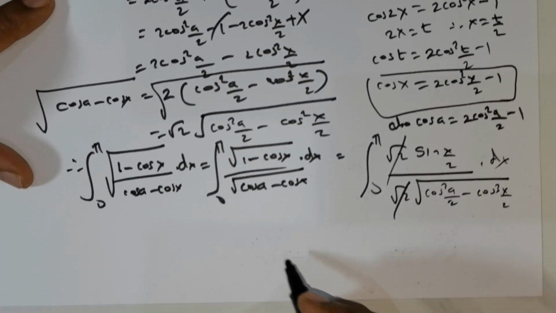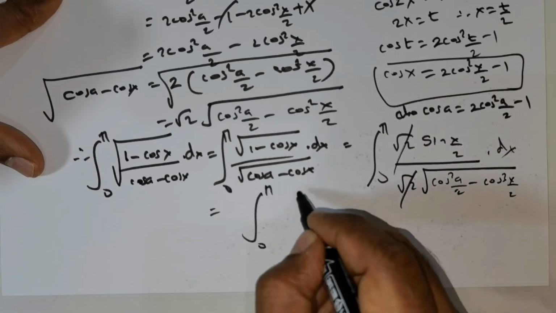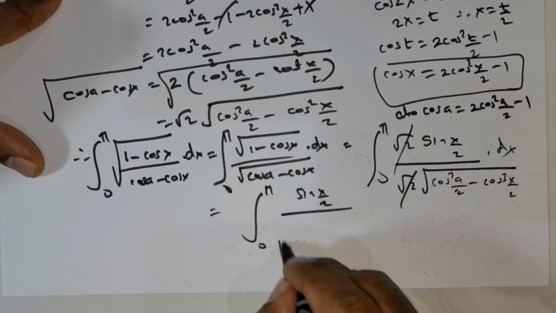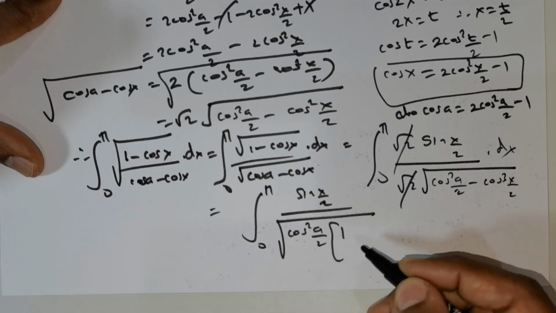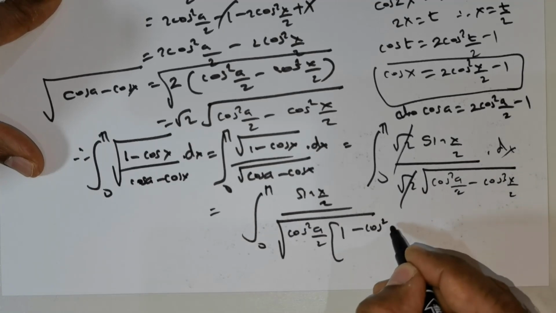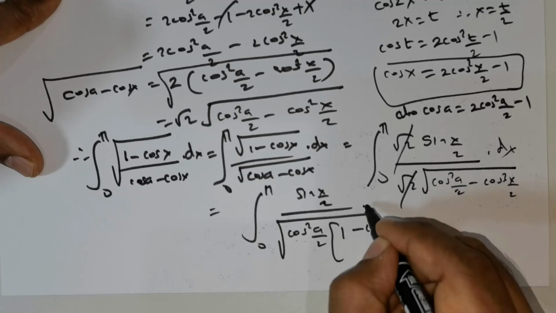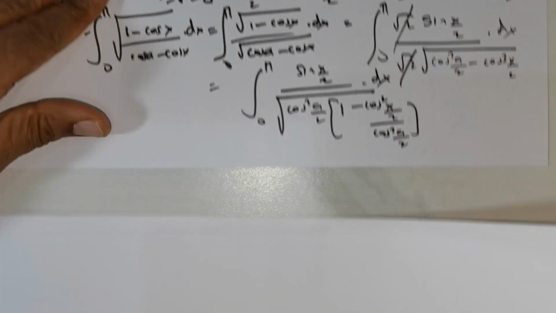So root of 2 gets cancelled, giving me the integral from 0 to pi of sine x over 2 divided by, now from the denominator let me take cos squared a over 2 out, so I will get 1 - cos squared x over 2 divided by cos squared a over 2, times the dx. Now let me move to the next page.